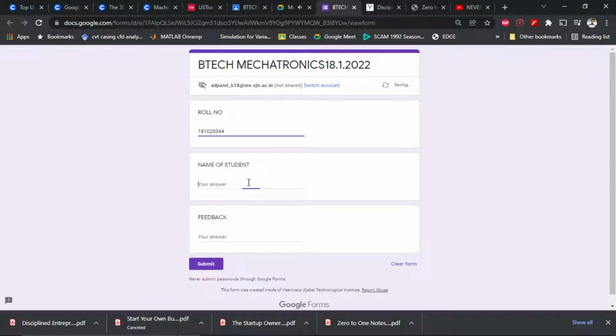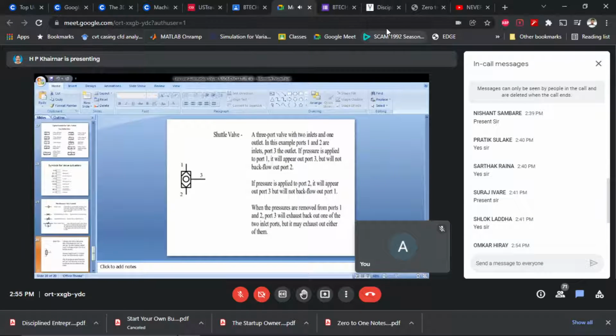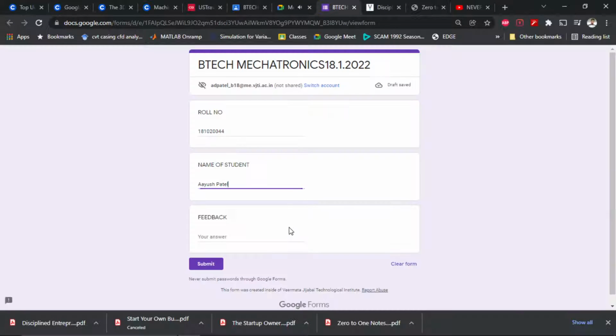If pressure is applied to port 1, it will appear out of port 3, but will not flow back out of port 2. So this kind of arrangement you require sometimes. If pressure is applied to port 2, it will appear out of port 3 and it will not flow back out of port 1.